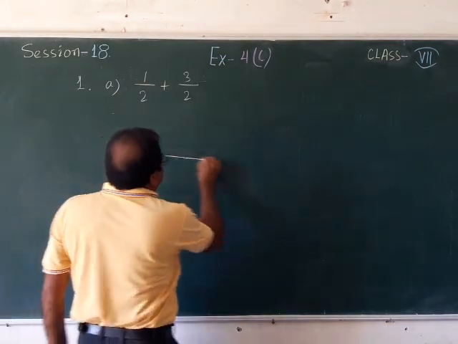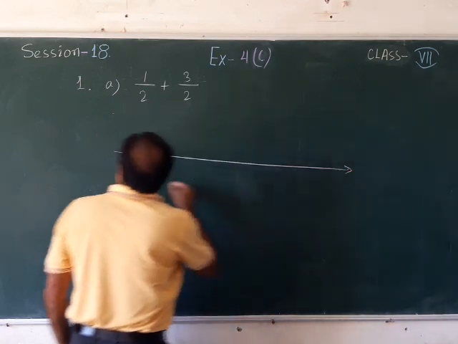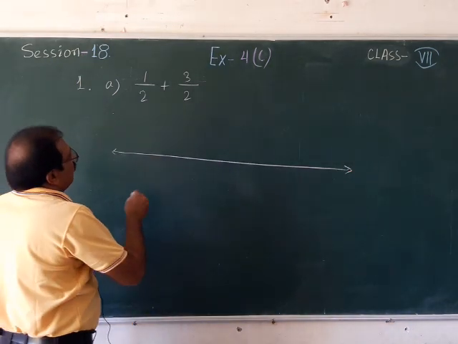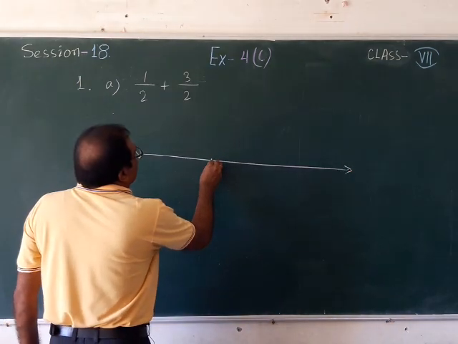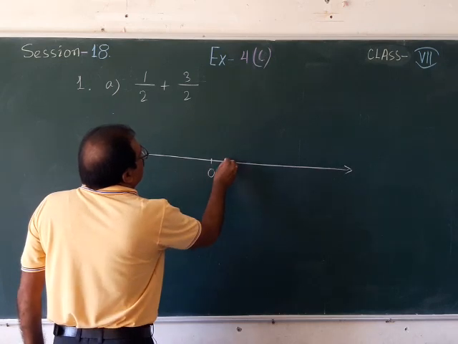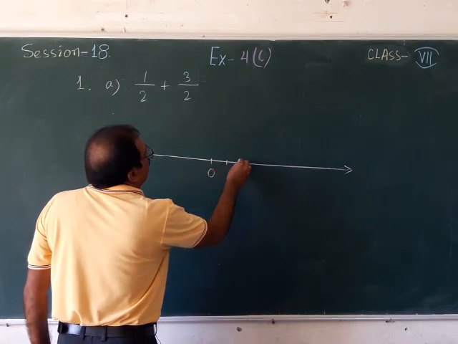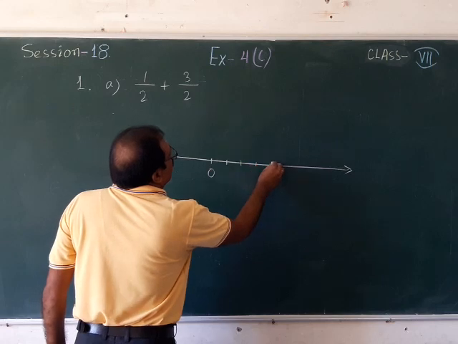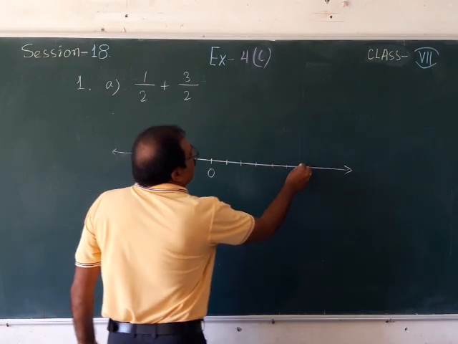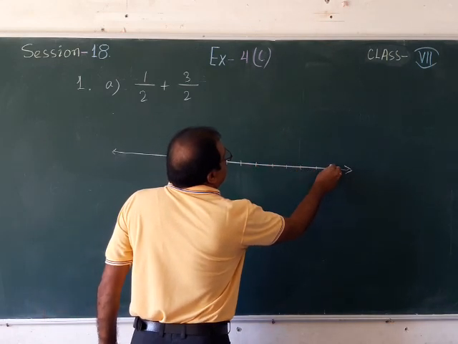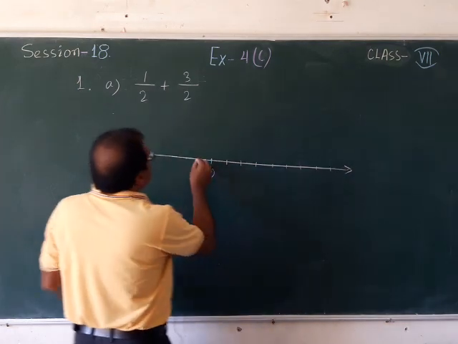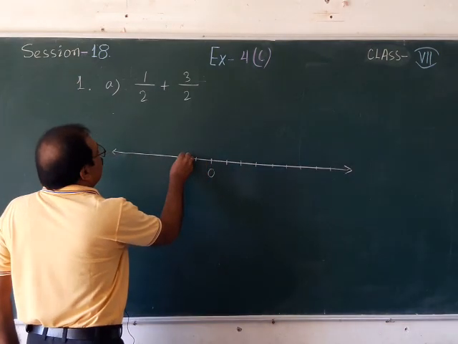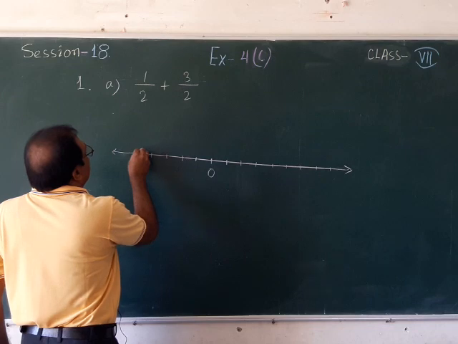So you just draw a number line, and right here mark 0, then mark 1, 2, 3, 4, 5, 6, 7, 8 as per your convenience.